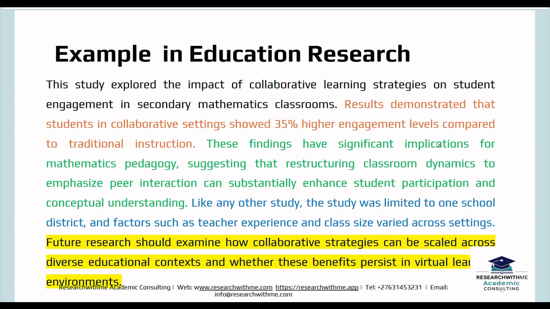The next one is to talk about what the results found out, an expression that responds to the gap that was initially promised will be filled. So now you will see that the area written in pink says, results demonstrated that students in collaborative settings show 35% higher engagement level compared to traditional instruction.